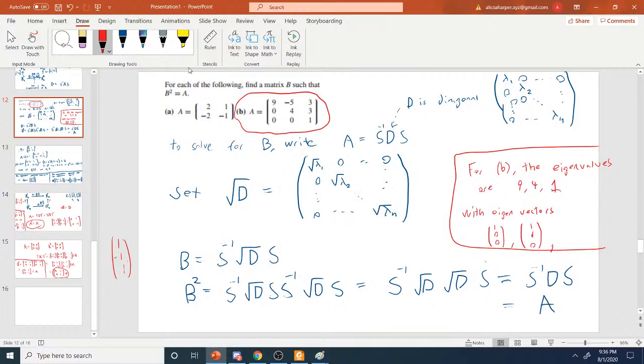But if I put a -1 here, and then I put a -1 here, does that work?